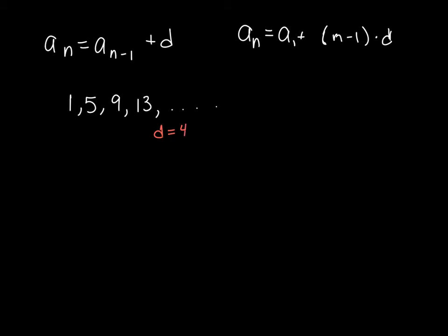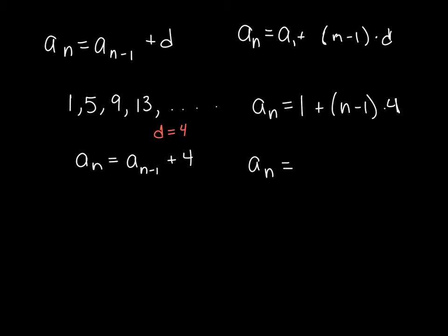So the first way to write this formula is just a_n is equal to a_(n-1) plus 4. That is the recursive formula. The explicit formula that I have for this is a_n is equal to the first term. The first term in the series is 1, so that leaves this as 1 plus n minus 1, that never changes, times my common difference, but now my common difference is 4.